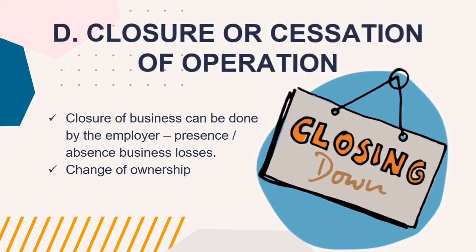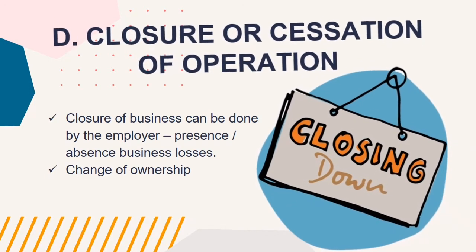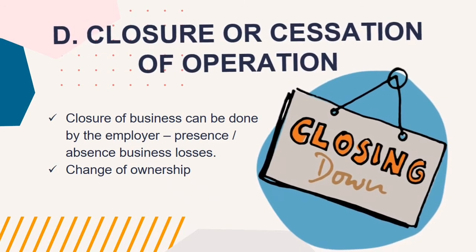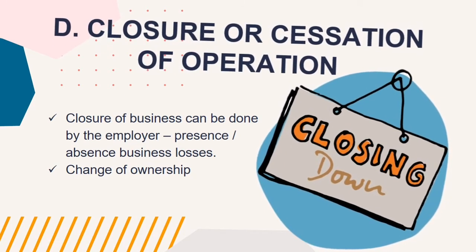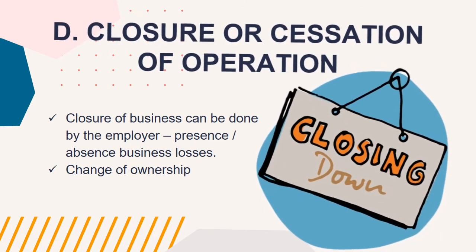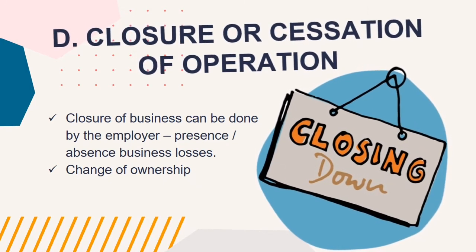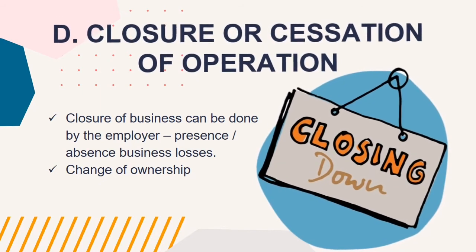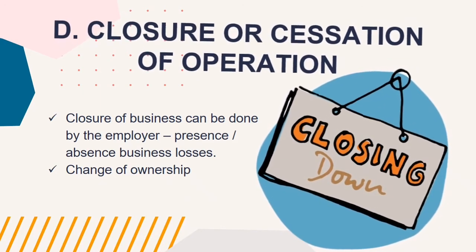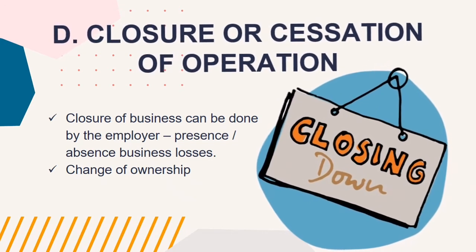This closure can be done by the employer whether in the presence or in the absence of business losses. Now, if the case is a change of ownership, the purchaser has no legal obligation to absorb the employees of the seller into his new undertaking unless he agrees to absorb them.